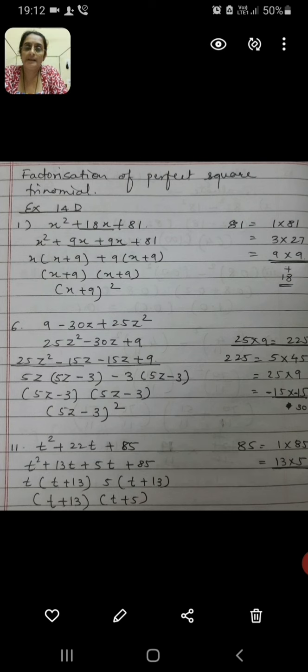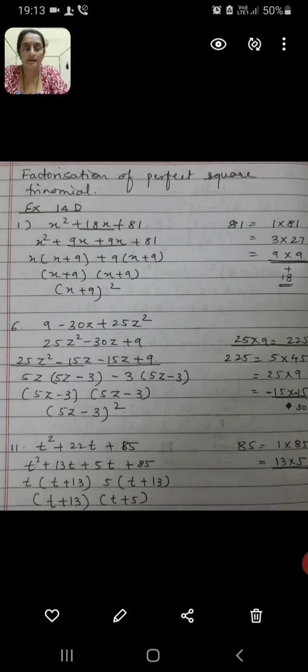Now within these three we have to choose one which gives us 18x, because the middle term has numerical coefficient as 18. Fine. So when you choose these factors of 81, we have to see that addition or subtraction of these factors should be 18. It can be addition also, it can be subtraction also.